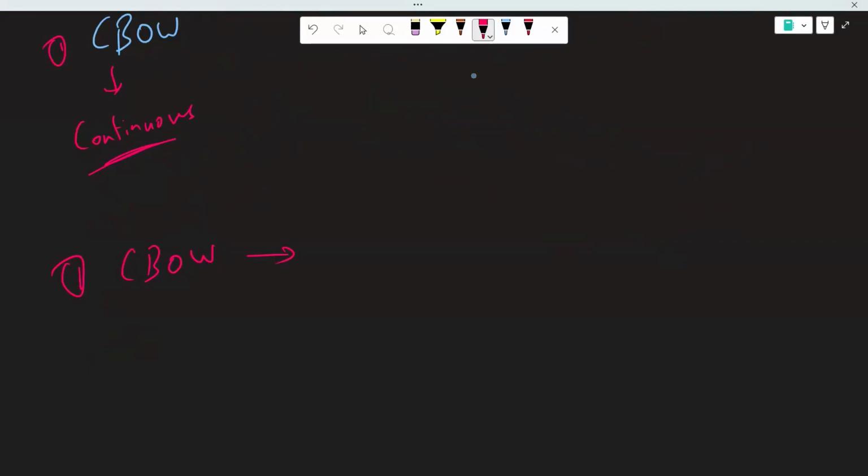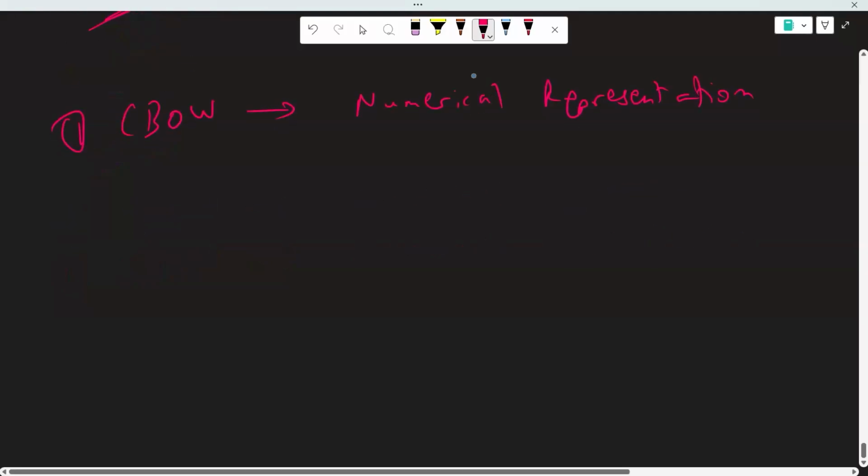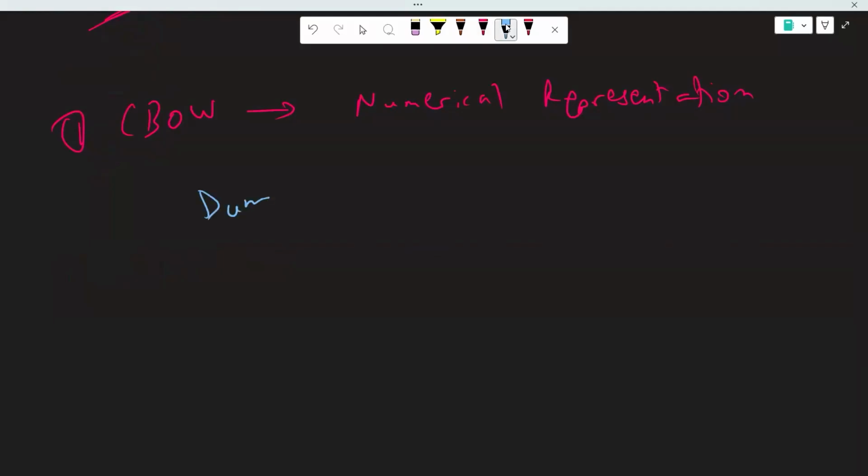In CBOW, we create the numerical representation, the vector form, by starting with a dummy problem. A dummy problem implies a problem which doesn't exist. So we are taking an artificial problem, a problem which is not actually existing.